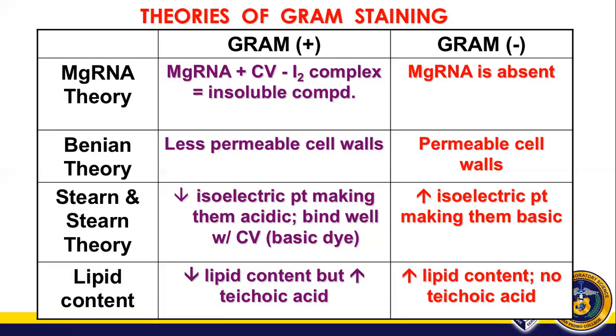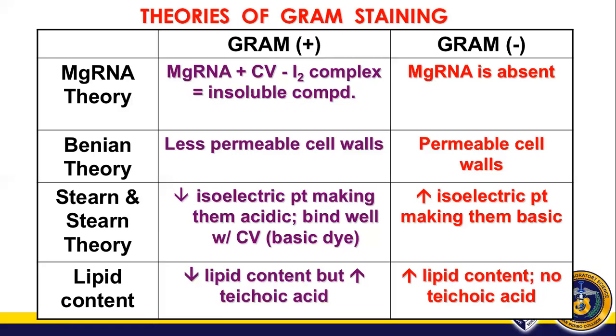In contrast, gram-negative cell walls do have high lipid content, but it's easily affected by acetone alcohol. And there's nothing for the crystal violet iodine complex to latch onto apart from the thin peptidoglycan layer, as there's no teichoic acid. There's no magnesium RNA, there's no teichoic acid, so nothing to bind the crystal violet iodine complex well onto the peptidoglycan layer.